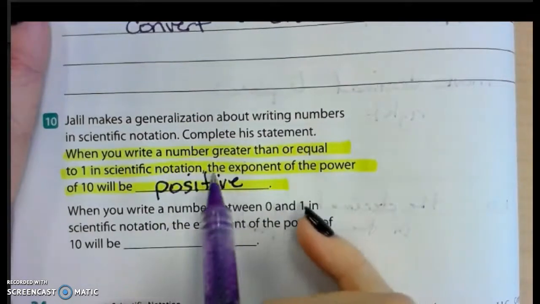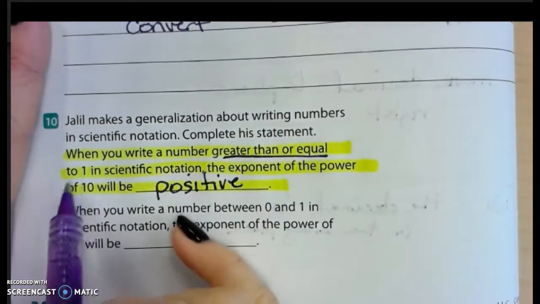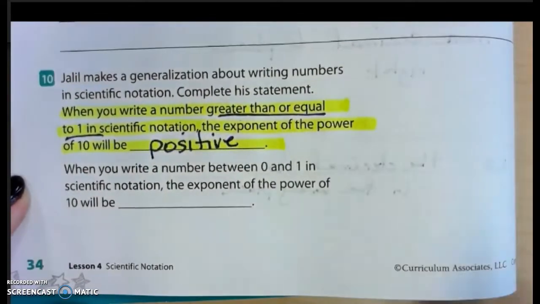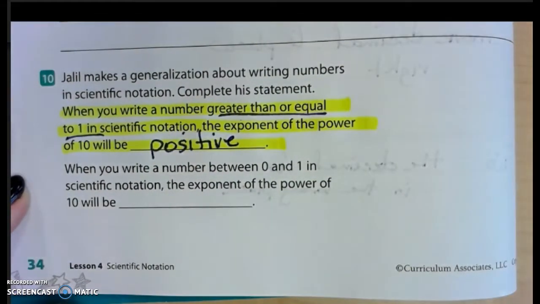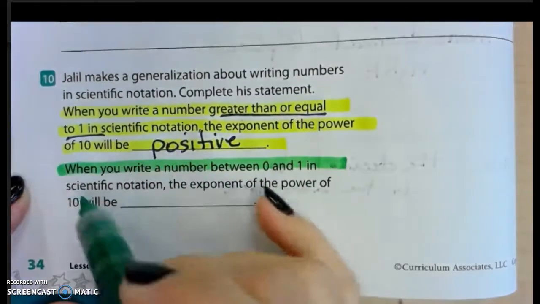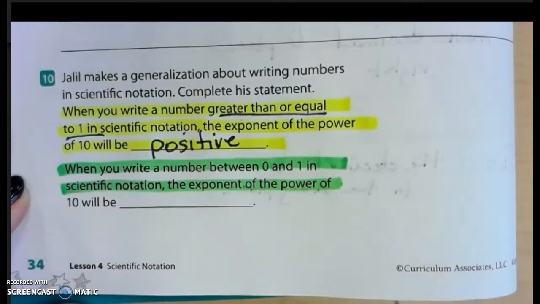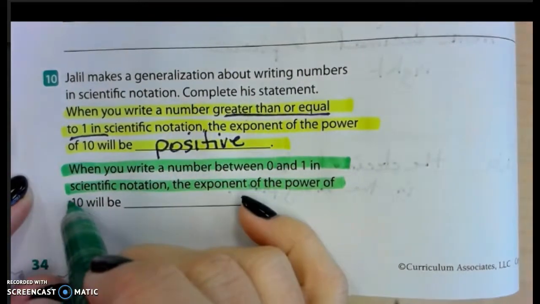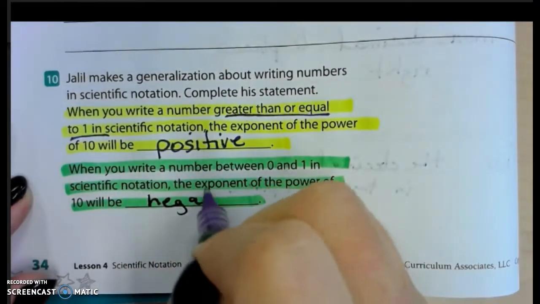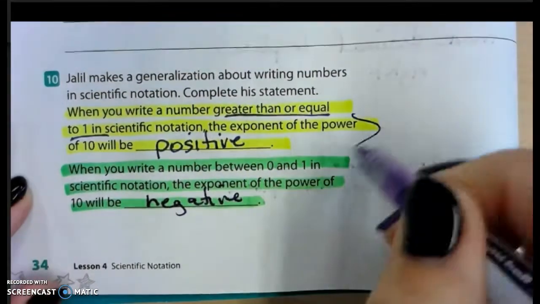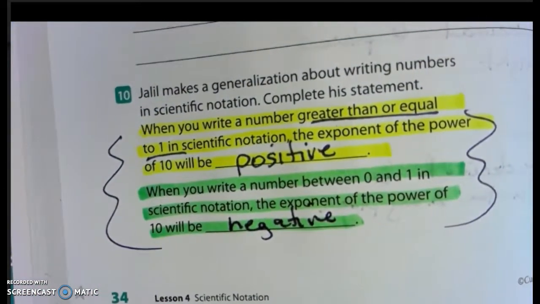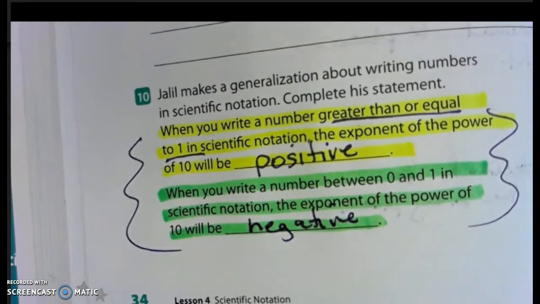When you write a number that is between 0 and 1 in scientific notation, the exponent of the power of 10 will be negative. These are very good statements. Okay, I would probably just take the time and I would probably copy those straight into my notebook.